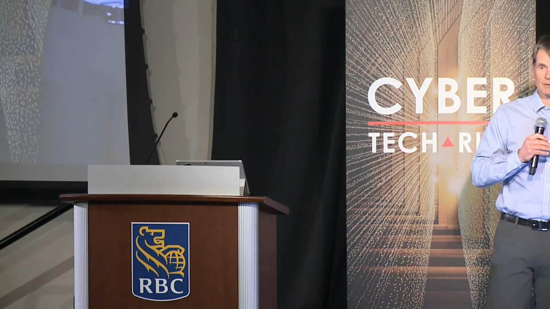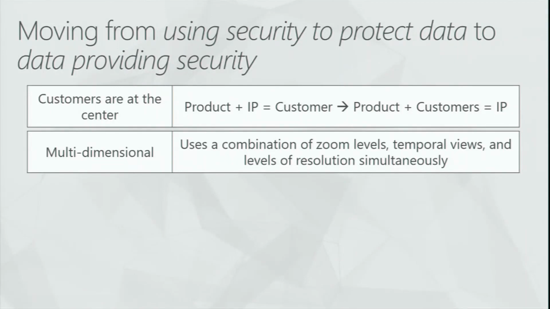Number two is that these systems are multidimensional, meaning that they can use a combination of zoom levels, they need to scale quickly, they need to deal with massive amounts of data, they need to make decisions at some points very quickly, but then also tune things and send things for further analysis, and have that learn and drive insights as we go along.